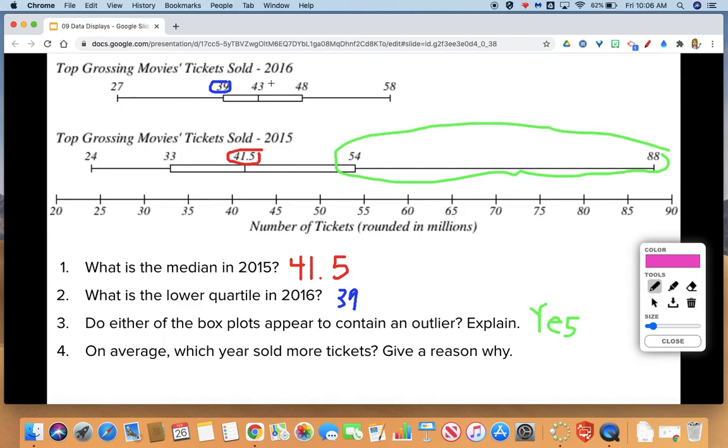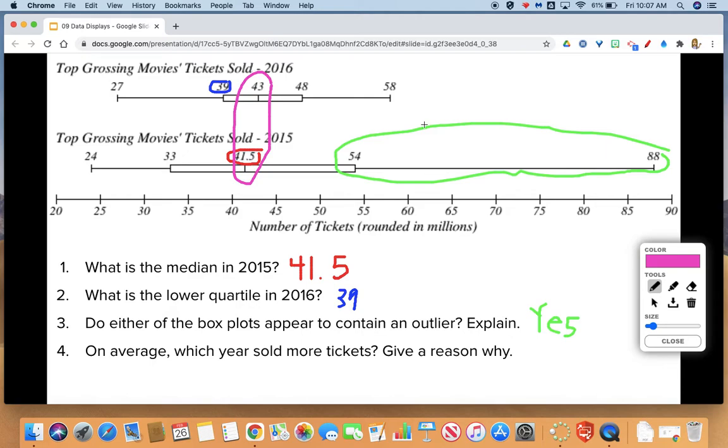So what do you want to compare on these two box plots? You want to compare their medians. You do not want to compare their minimums and maximums. Those could contain outliers. So we do not want to focus on, 2015 went all the way up to 88, so that did better overall.